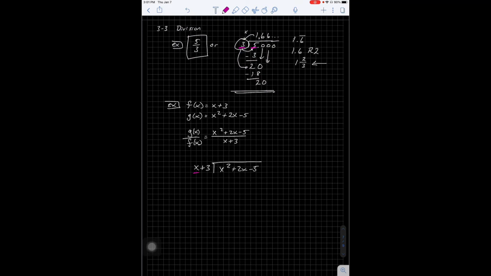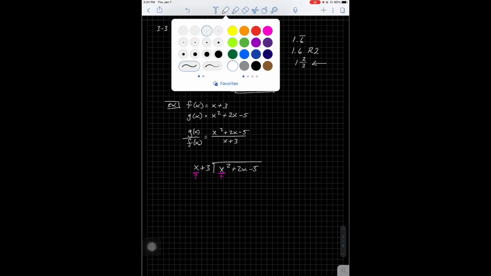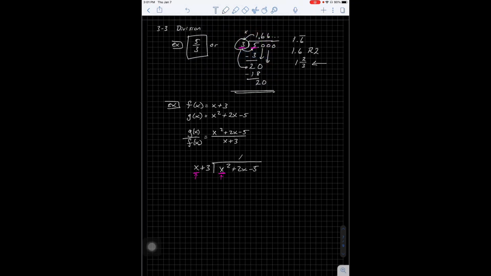We're going to take just the x, the first term here, and say, how many times does that go into x squared? Or another way of saying it is, what do I multiply by x to get x squared? And the answer, if you think about it, is x. And so that answer goes up top.